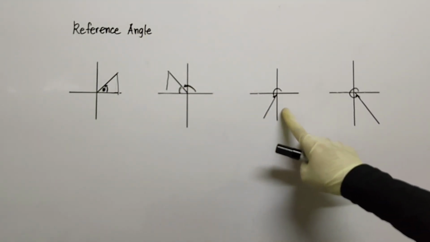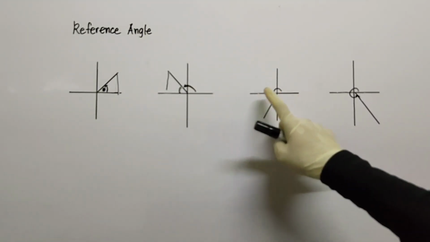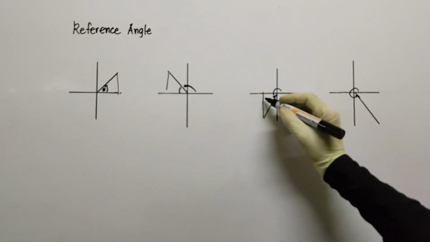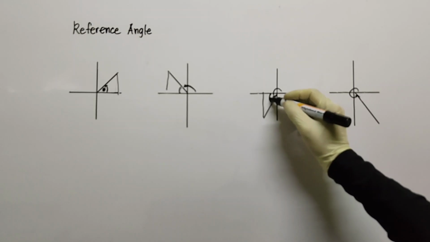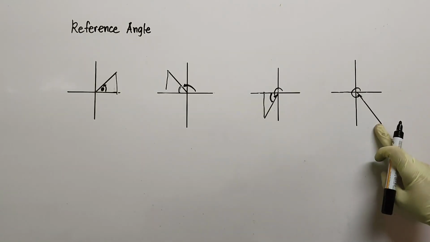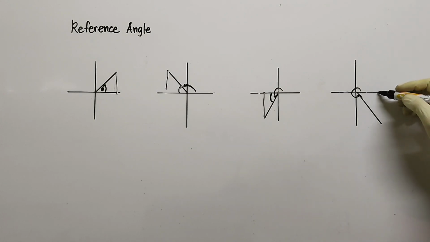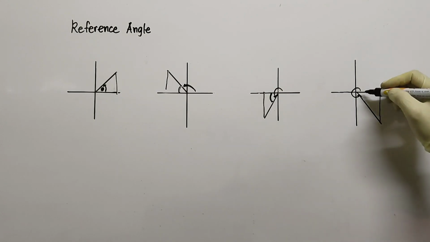In the third diagram, use the x-axis. That is our triangle, and the reference angle is this. In illustration number 4, use the positive x-axis. So this will be your triangle, and the reference angle is this.